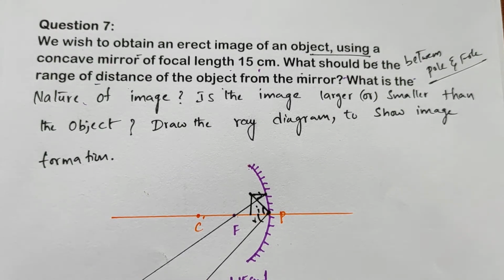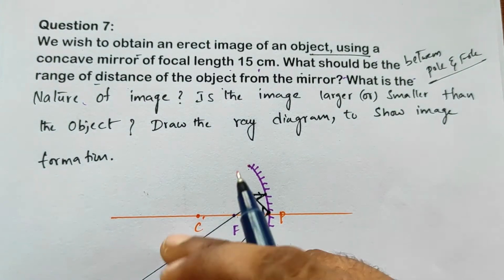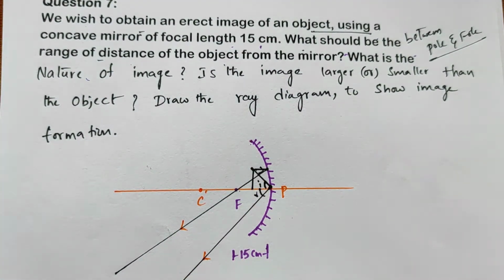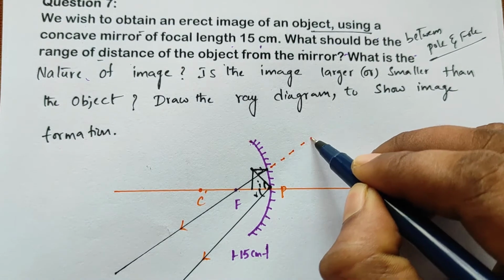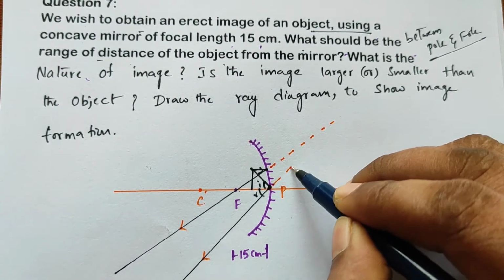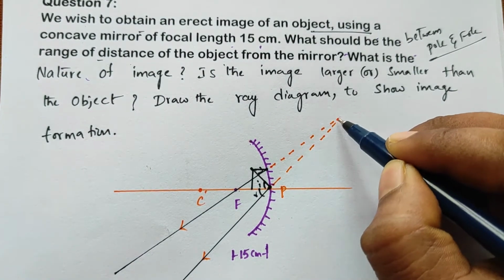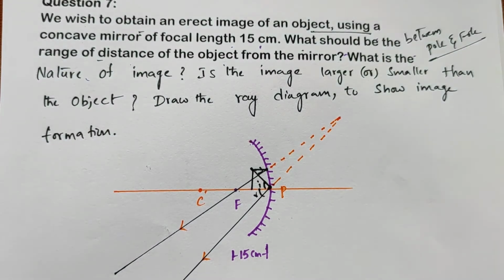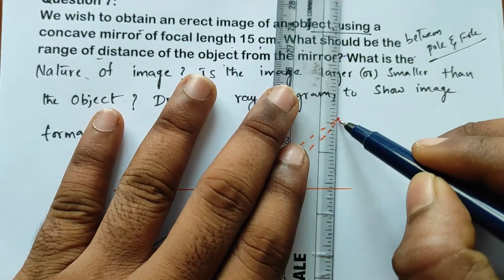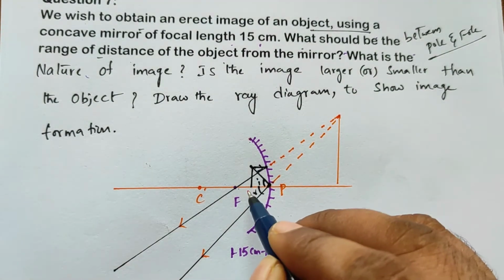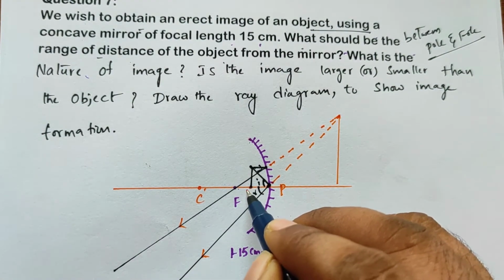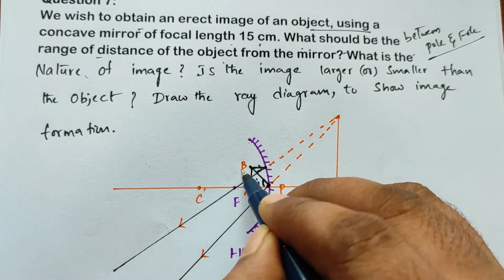Here you can see that a real image cannot be formed since the rays are diverging. But a virtual image will be formed if you extend these two rays backward like this. Here you can see a virtual image formed at this point. This is the object, where A is the foot and B is the head.